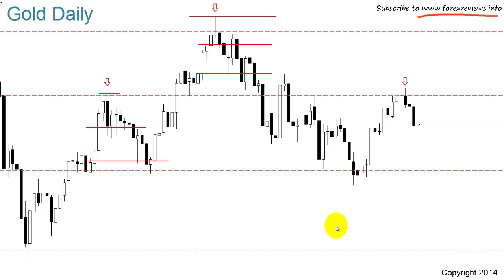The 9 pip rule for the daily is there because it's a common place where a lot of people place their stop losses, above or below the signal. So that's the reason that it works so well and is so effective.